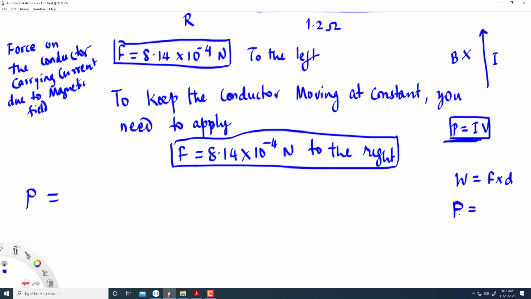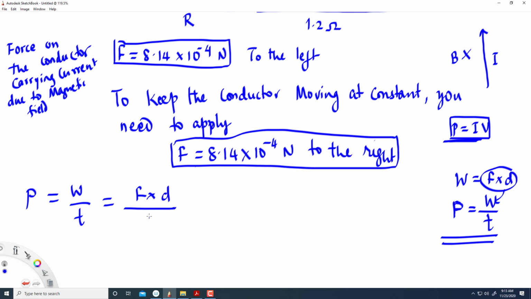Power is delta KE over time, that's also work, so that's the work energy theorem. Power is how fast you can do work, the rate at which you do the work. Whenever you see the word rate, it has to do with time, right? So how fast you do the work over time. And we know work is force times distance, so power is force times distance over time.